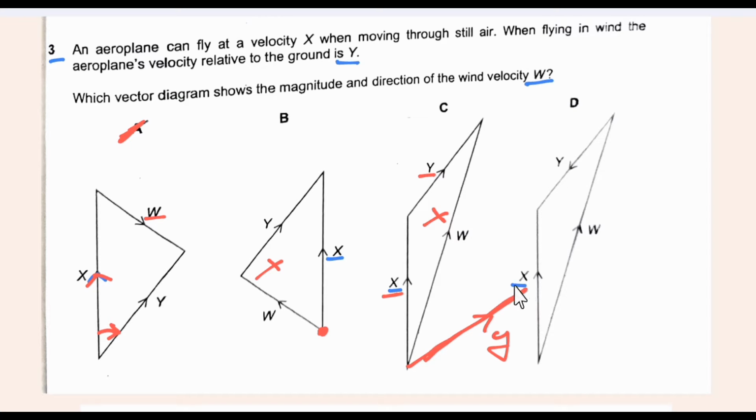In option D, the initial path is x, and again by using this path of y, we cannot form a vector triangle. Here the aeroplane is moving in this direction, but due to the wind, the direction of the aeroplane changes, so this statement is also wrong. So the option should be A.